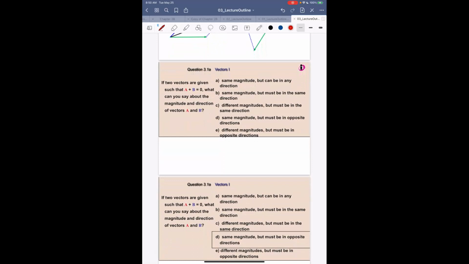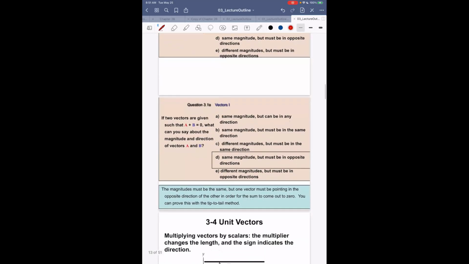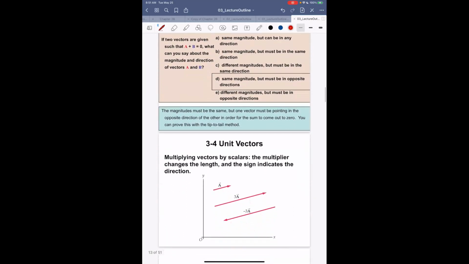They should be the same magnitude, but they should be in opposite directions so that they will cancel each other. Because if they are in the same direction, then they're going to add up, and if they are in opposite directions, they will subtract from each other, or take care of each other.